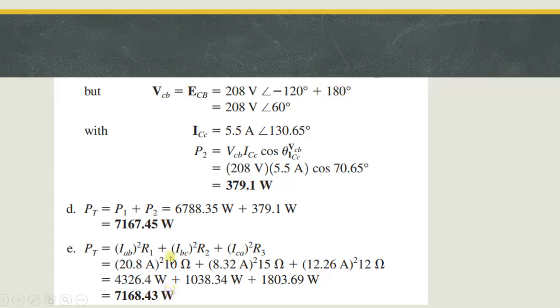Compare these two results. They are approximately equal. So when we use the two wattmeter method or the formula used in part E, in both cases the results are almost the same. This is the conclusion I made in this problem.